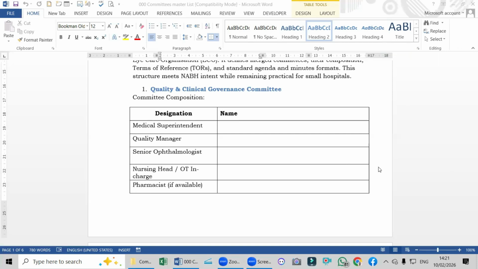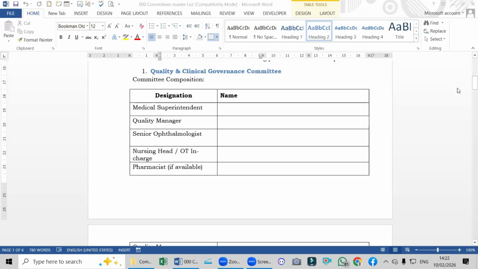What you can do is you can change the designation. You can say medical owner, or you can use whatever, or you can continue with the same designation as medical superintendent. But if you don't like the word superintendent, you can put whatever suits you.